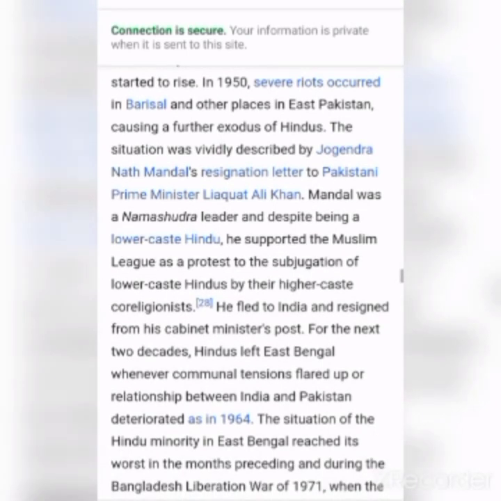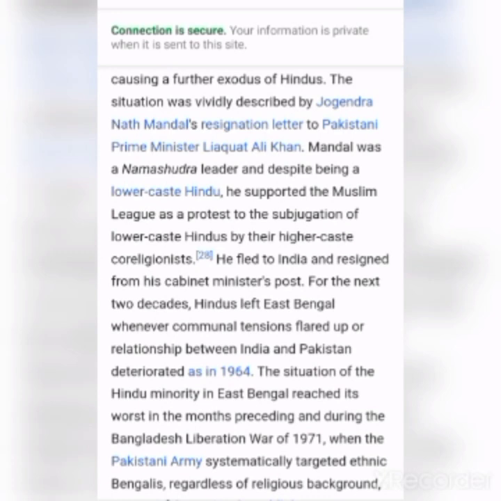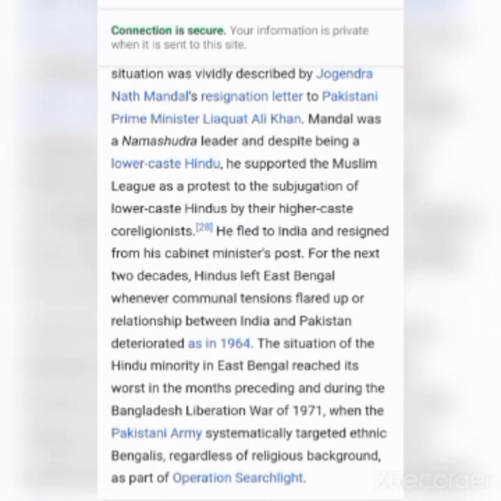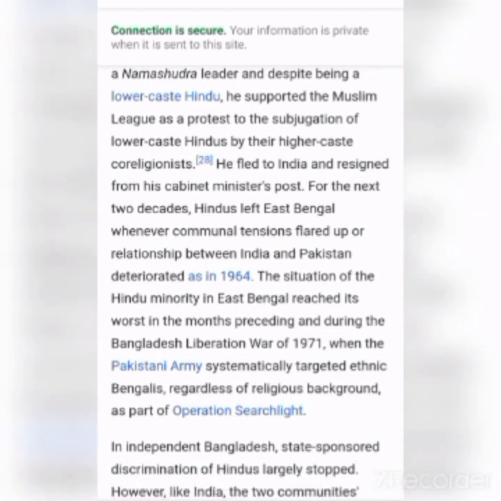Hindus left East Bengal whenever communal tensions flared up or relations between India and Pakistan deteriorated, as in 1964.